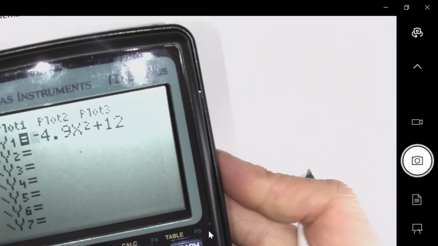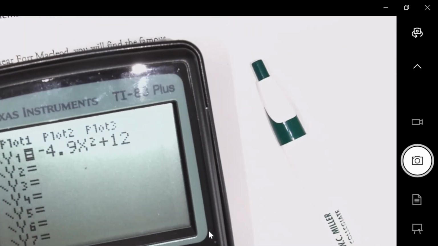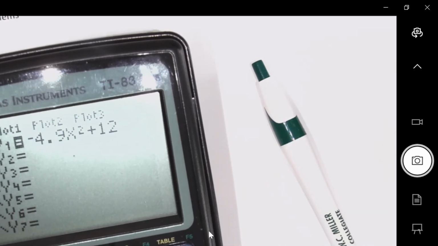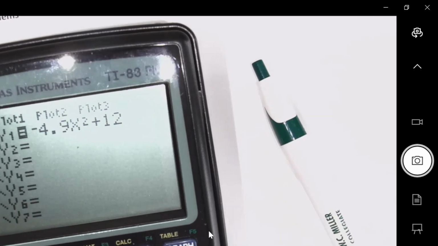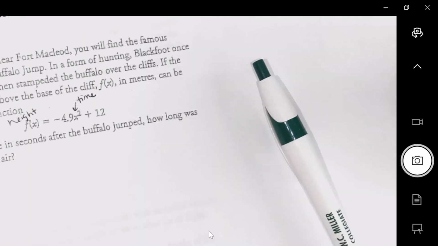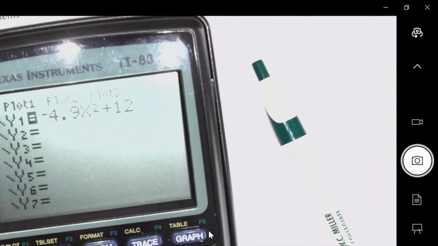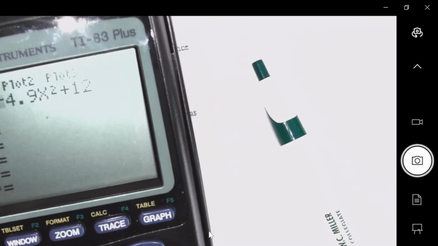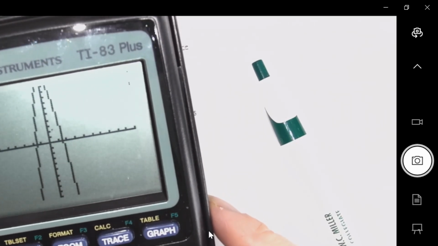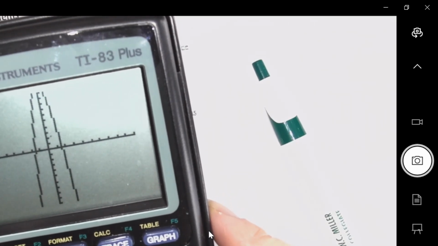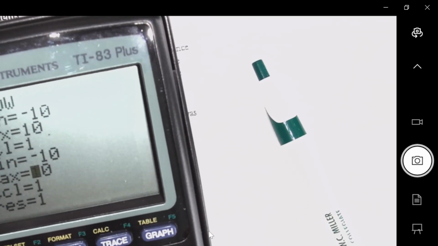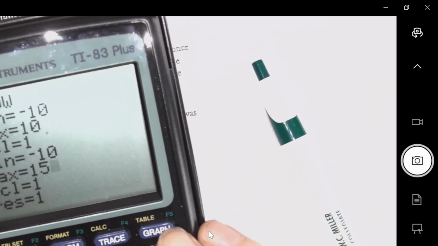So you're typing in your calculator negative 4.9 x squared plus 12. I'm going to zoom 6 it, and I can't see the top, so I'm going to give my window Y max 15.